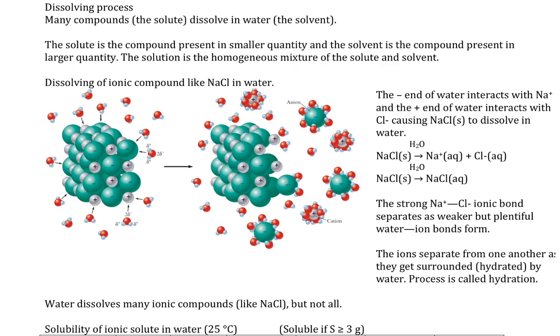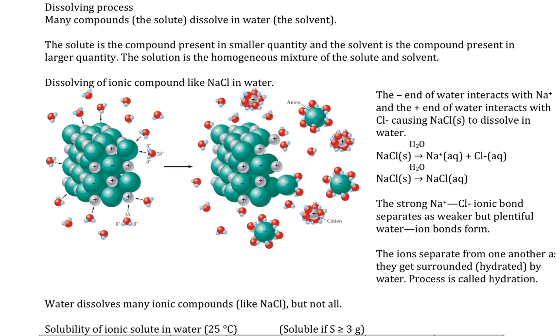The negative end of water interacts with Na plus, and the positive end of water interacts with Cl minus, causing NaCl solid to dissolve in water. The dissolving can be shown as NaCl solid dissolving in water, so water's over the yield sign, to yield Na plus aqueous plus Cl minus aqueous.